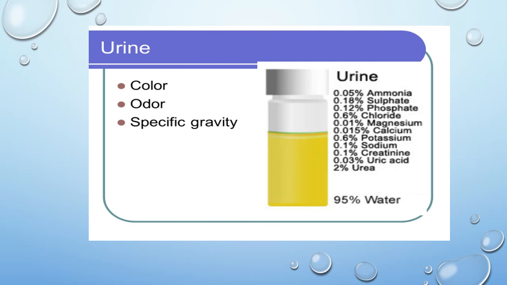Specific gravity of urine ranges depending on how much solutes are present, from 1.001 to 1.035. That's the normal range of specific gravity of urine. So it's a good measure.